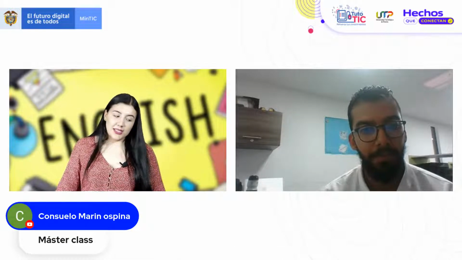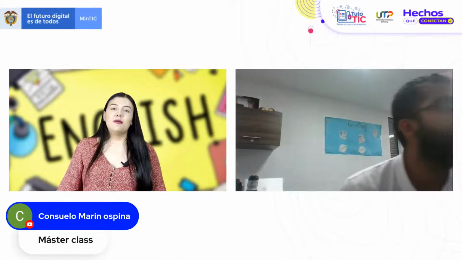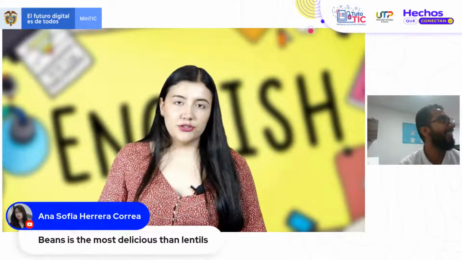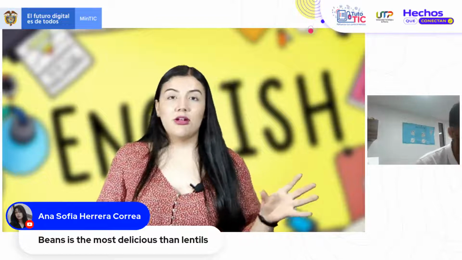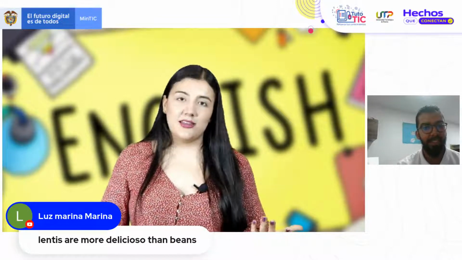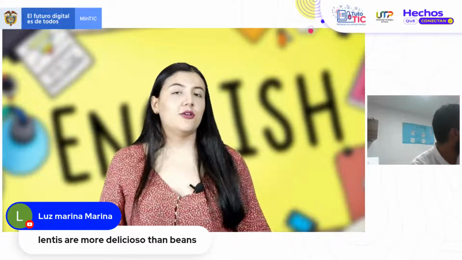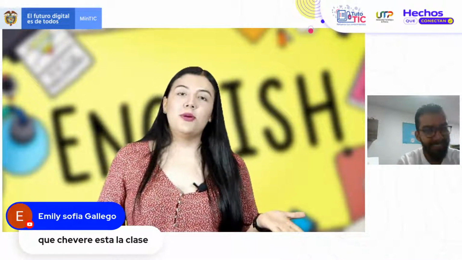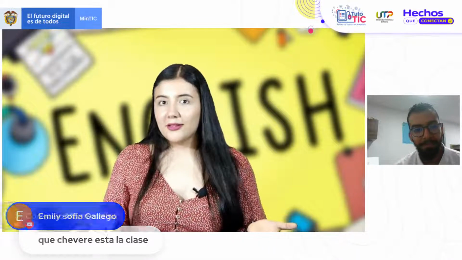Entonces, en ese caso, no diríamos beans the most delicious, porque estaríamos diciendo algo como frijoles es lo más delicioso que las lentejas, ¿cierto? Y no tendría mucho sentido. Entonces vamos a tener cuidado allí, no mezclar superlatives con comparatives.